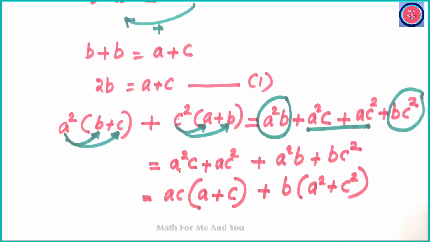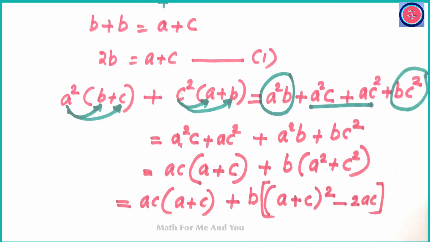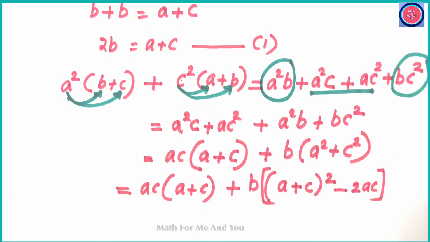Now we write the first term same as it is: ac times (a plus c). But the second term we arrange a little bit. We write plus b times, what is a square plus c square? It is (a plus c) the whole square minus 2ac. We studied that. So we can write that result.